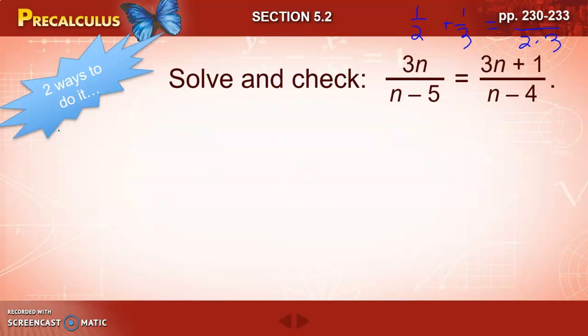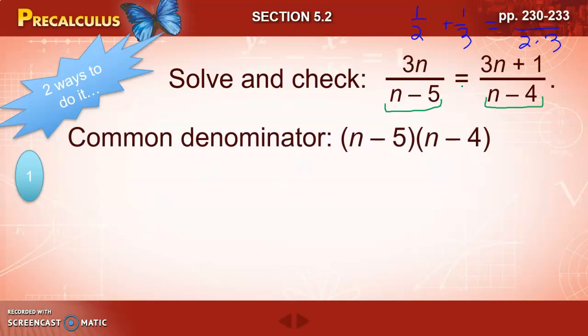And the first thing that we need to do is find the common denominator. So the denominator on this side is n minus 5, and the denominator on this side is n minus 4. And the way that we find the common denominator is multiplying those things together, n minus 5 times n minus 4. So there's our common denominator.